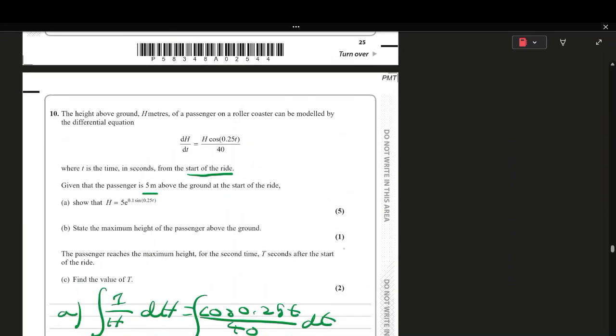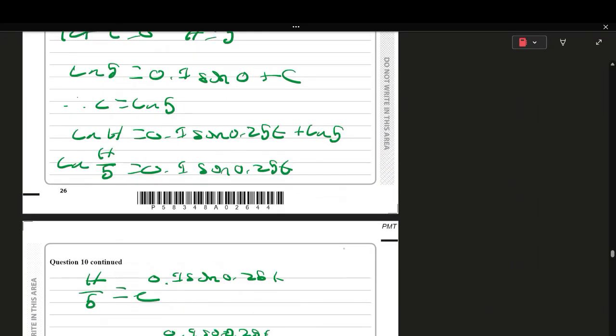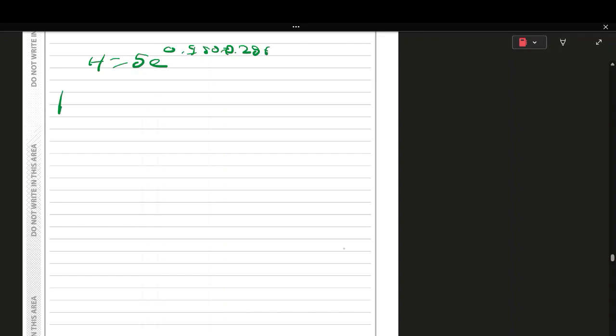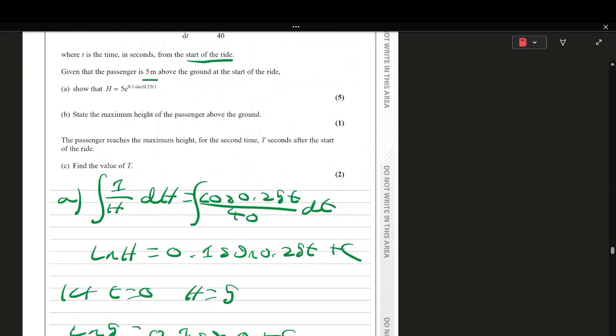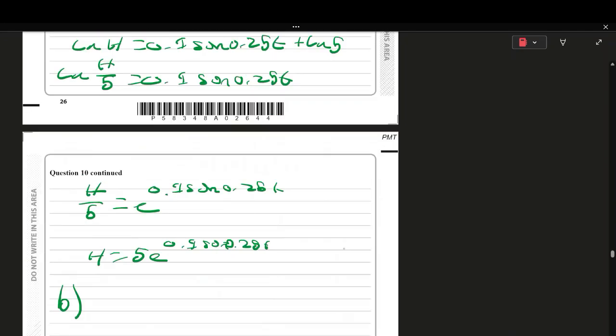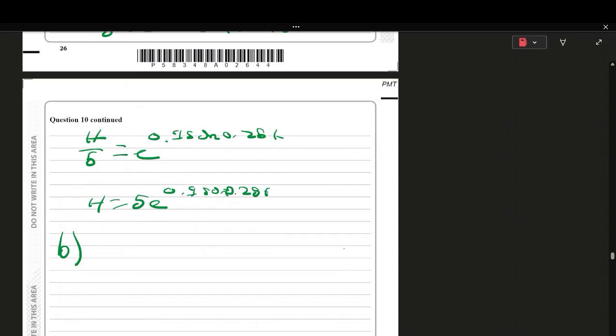So part B, state the maximum height of the passenger above the ground. So when there's a max height in this scenario, the sine 0.25t should be equal to 1, since that's the max of a sine graph, right?